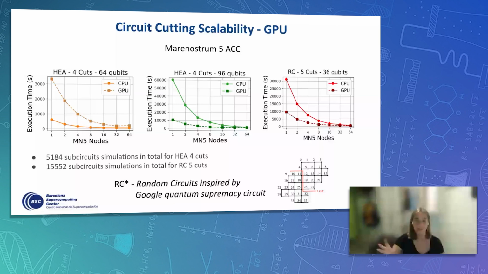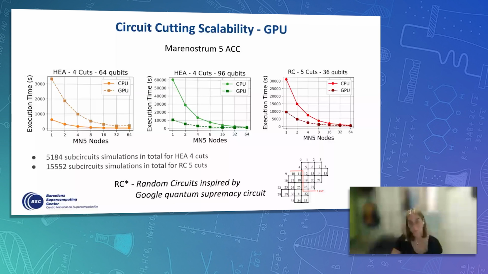Then after this example, we have the third graph. Here we use random circuits inspired by the Google quantum supremacy circuit. The topology of this circuit, as shown on the right side, is this mesh of 36 qubits.